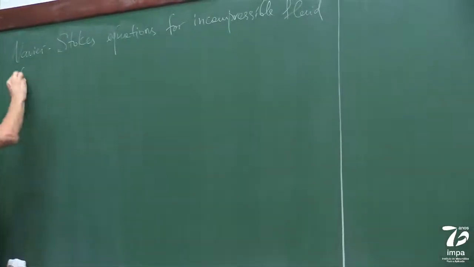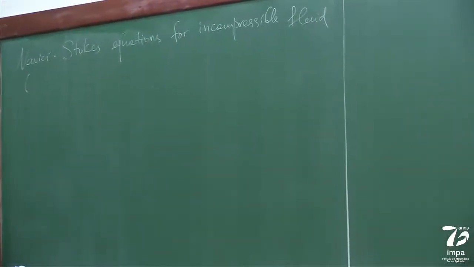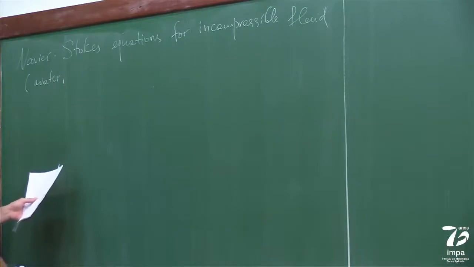Physically, an incompressible fluid is like water, for example. Water under most conditions that you can imagine. Of course, water can also be compressed, but that almost never happens, at least in our daily life.